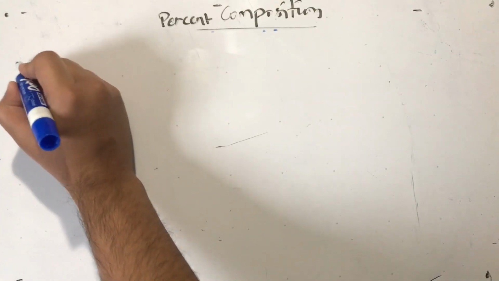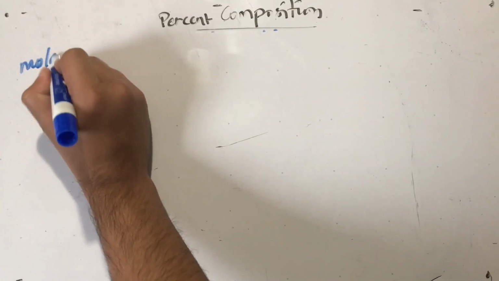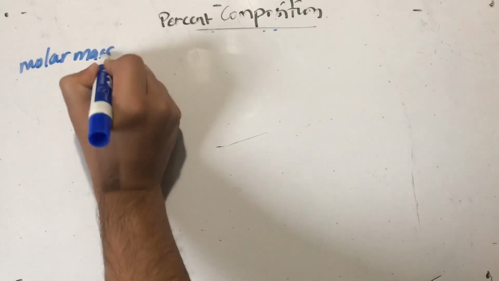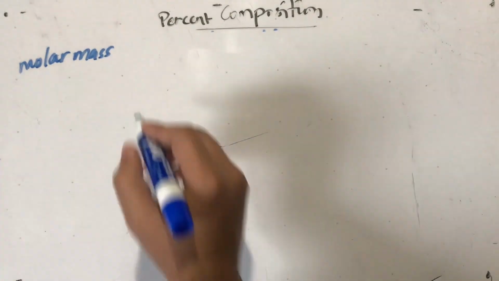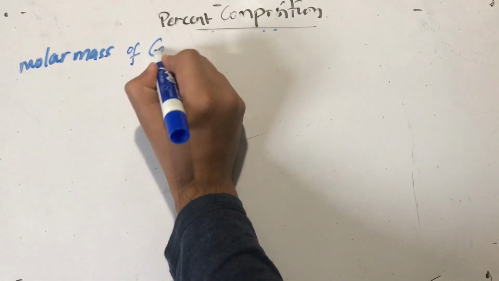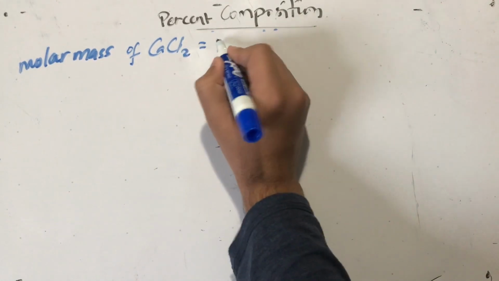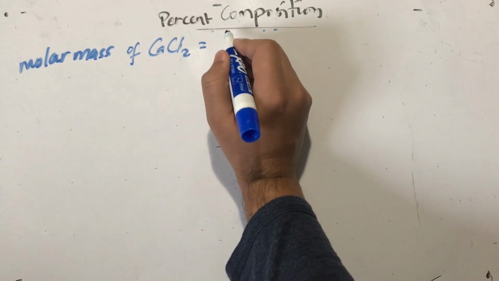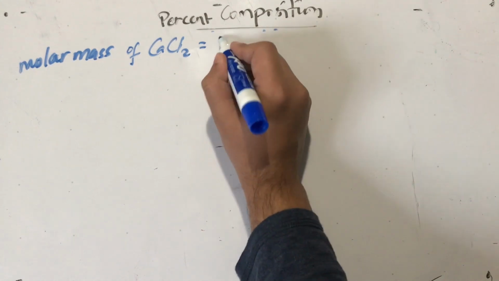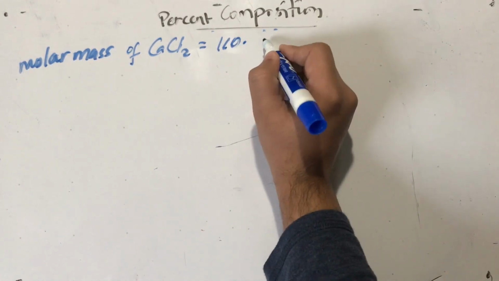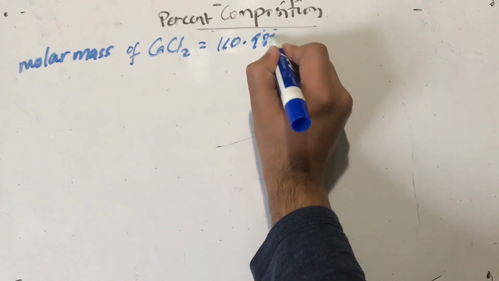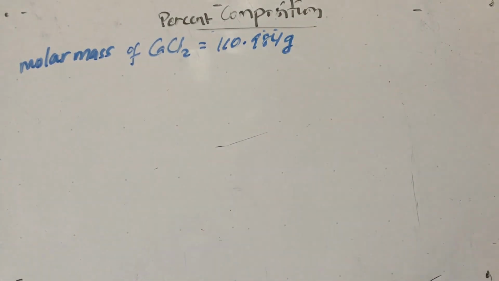We already calculated the molar mass of calcium chloride, about 110.984 grams.